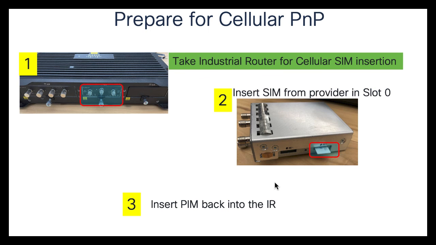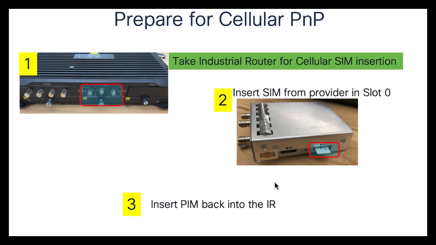So to prepare, all we need to do is insert the SIM from your provider into the cellular modem and insert it back into the IR. And once we configure SD-WAN and the manager options, we will then power on the IR and wait for the router to come online and join the network.